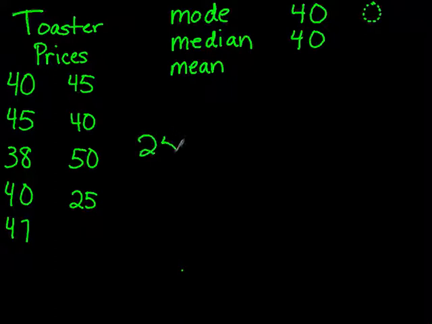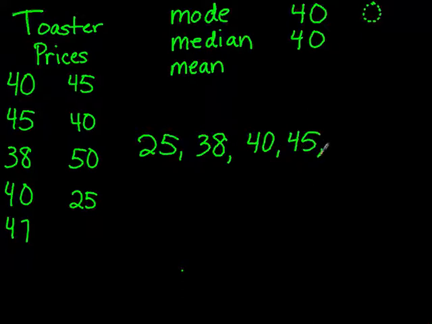We'll go with 25, 38, 40, 45, 47, and 50. So 1, 2, 3, 4, 5, 6 numbers. Again, even set of numbers.